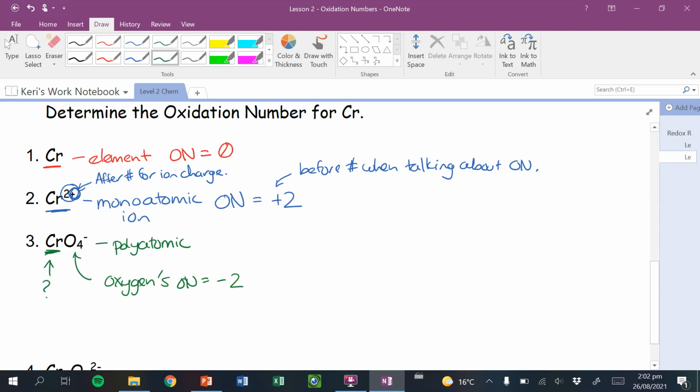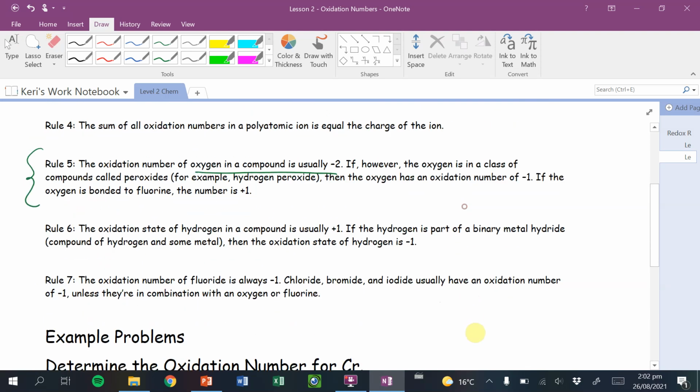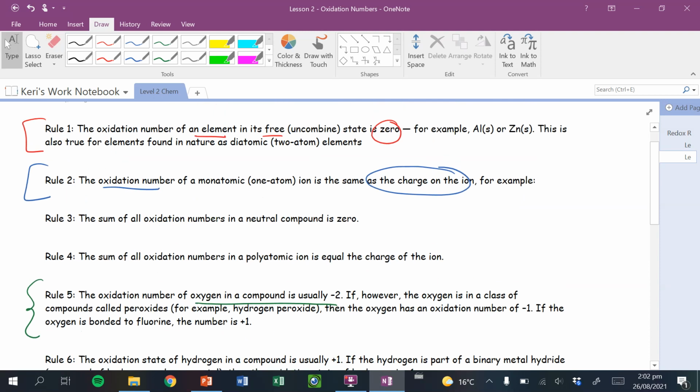Now I need to start doing some oxidation math. For polyatomic ions, the charge of it is going to equal the sum of the various oxidation numbers, and that's using the 4th rule right here: the sum of all oxidation numbers.